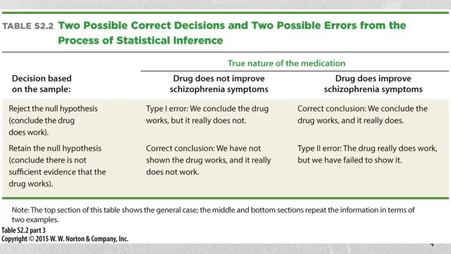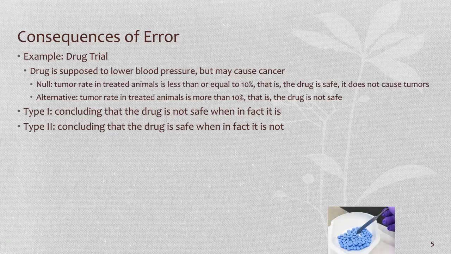What are the consequences of these errors? So why does it matter if we make a type 1 error, if we make a type 2 error? Say that we are medical researchers and we are working on a drug trial. So this drug is supposed to lower blood pressure, but we're concerned that it may cause cancer. So we have 2 hypotheses here. We have a null hypothesis, basically saying that the drug is safe, it does not cause tumors.